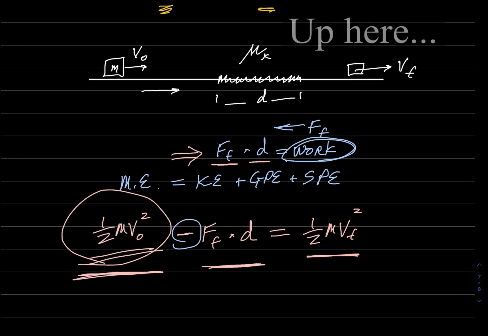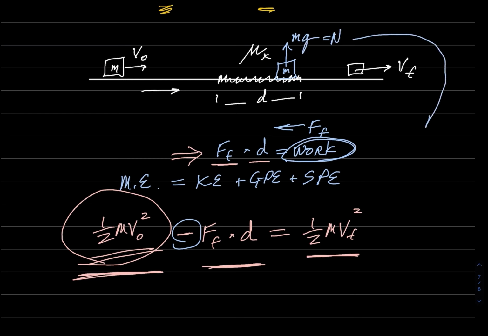So going back up to our diagram, once again, you have the mass coursing across this rough area. The normal force on the mass from the ground is mg, and the force of kinetic friction is the coefficient of kinetic friction times the normal force, which is mu sub k times mg.